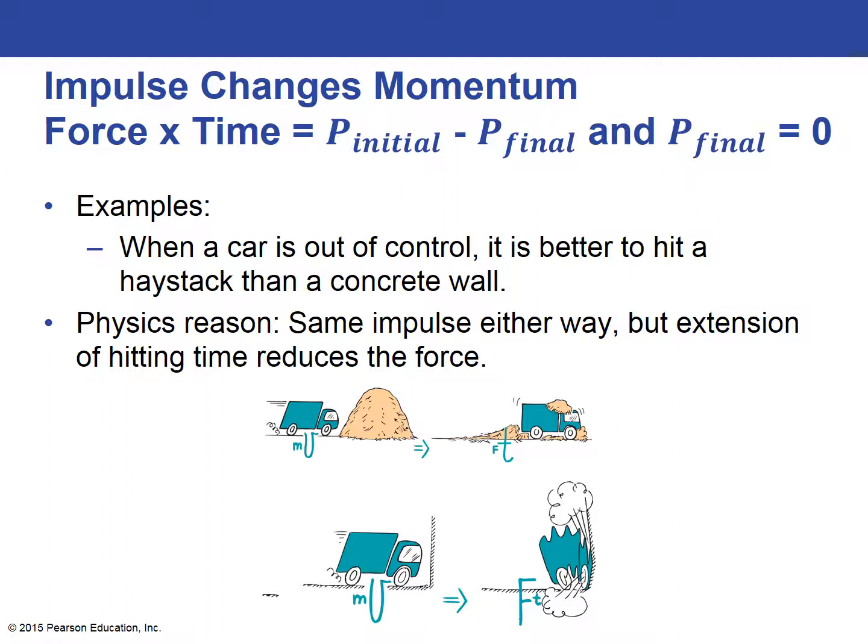If my head hits the airbag, then the time over which the head is slowing down is going to be much longer, and therefore the force on the head is much less. So it's another example where force times time is the same in both scenarios, but if I can extend the duration of time over which this slowdown occurs, then I have much less force that's being applied to either the vehicle or the human inside the vehicle.